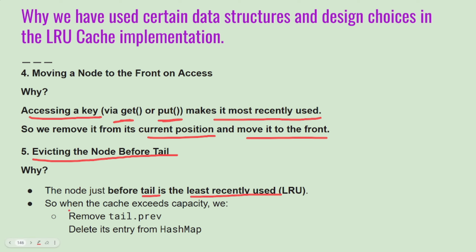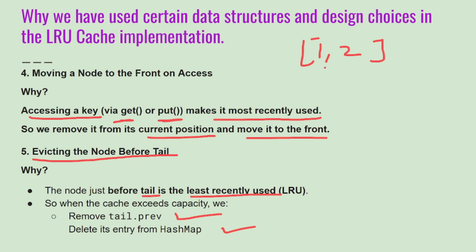So when the cache exceeds capacity, we remove tail.previous and then delete its entry from the HashMap. Understand? What I'm trying to say is, let's suppose initially the cache has 1 and 2.